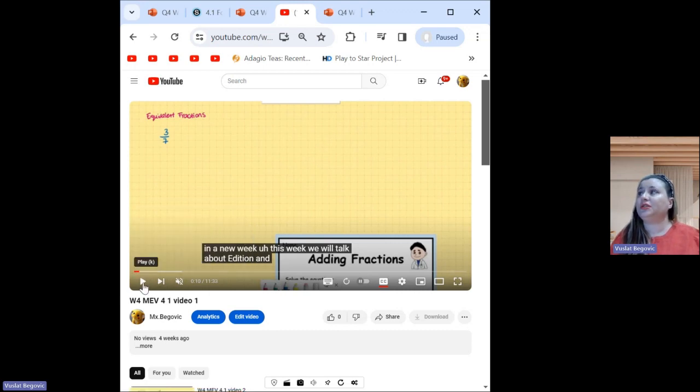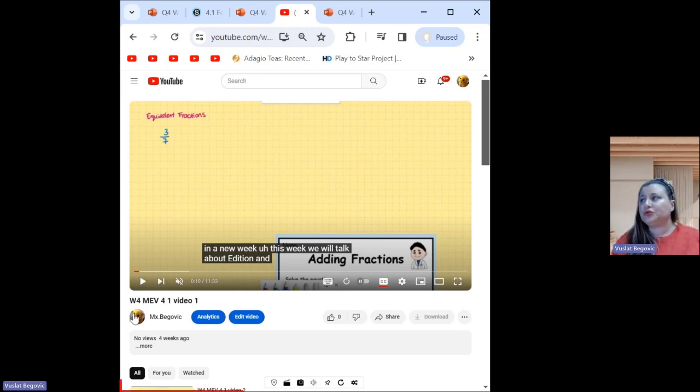To add these, I need to talk about equivalent fractions and same denominators. If fractions have unlike denominators, which is the bottom number of the fraction, we won't be able to add or subtract them.